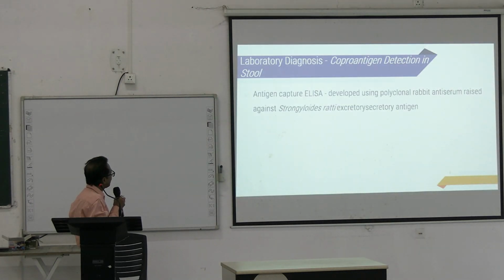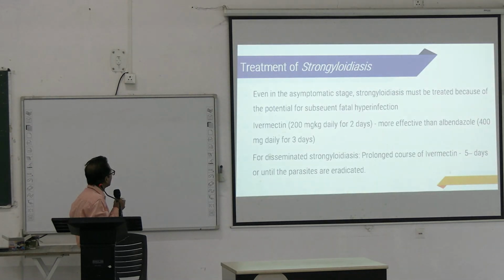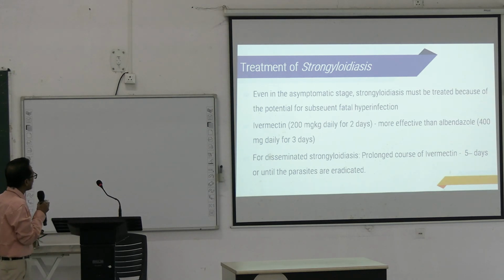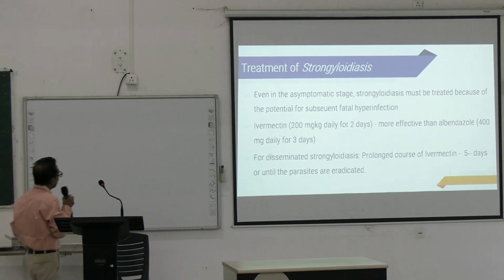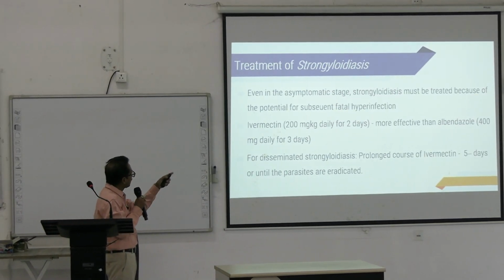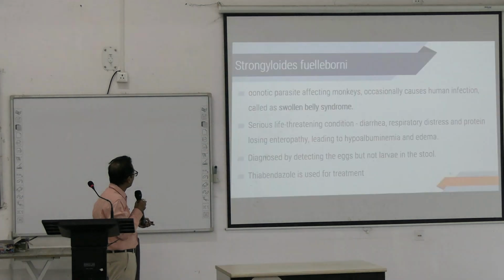Antigen capture ELISA developed using polyclonal rabbit antiserum. Real-time PCR can be done. Even in the asymptomatic stage, strongyloidiasis must be treated because of potential subsequent fatal infection. What is the treatment? Ivermectin 200 microgram per kg daily for 2 days, more effective than albendazole. So ivermectin is more effective, but albendazole can be used.